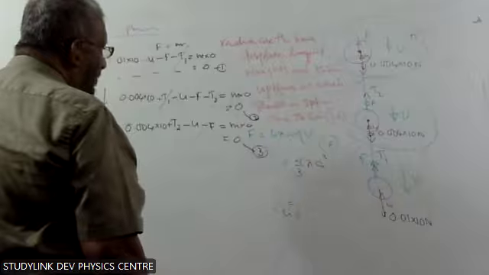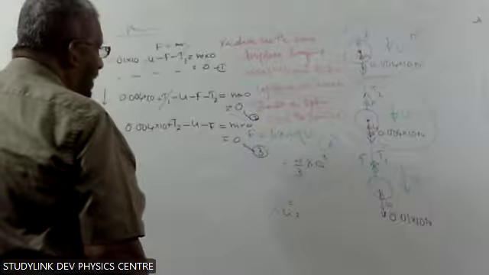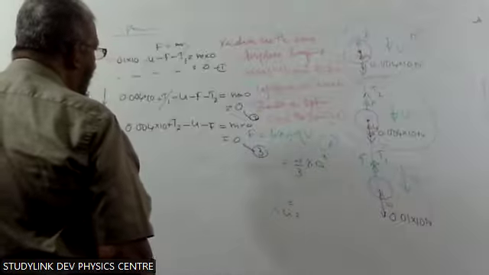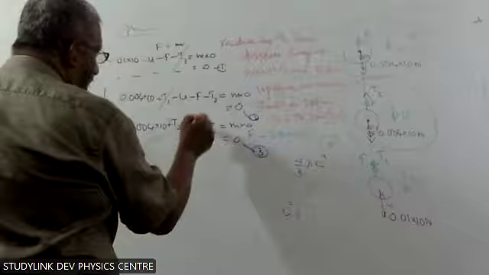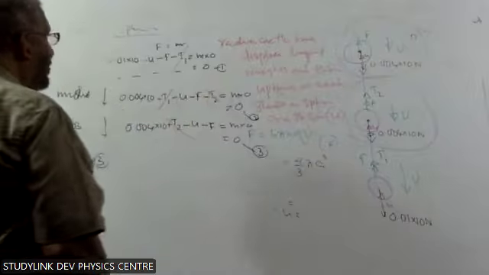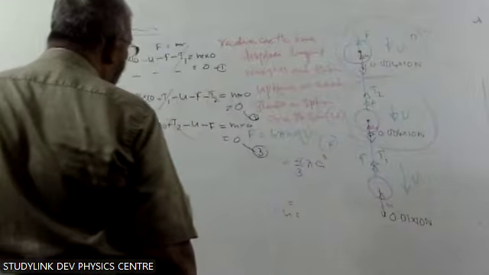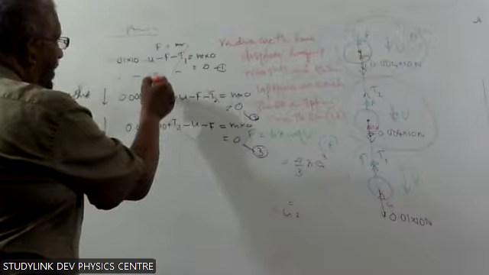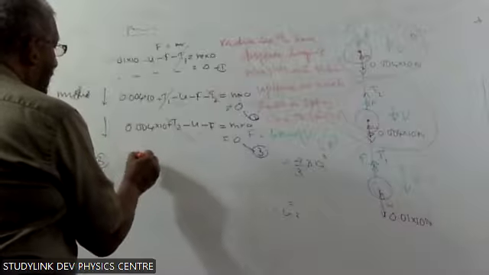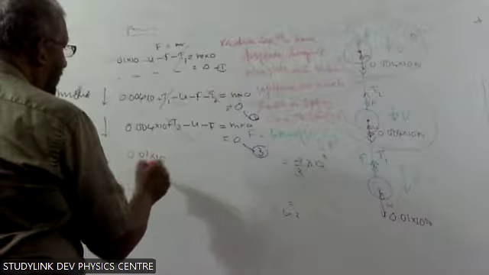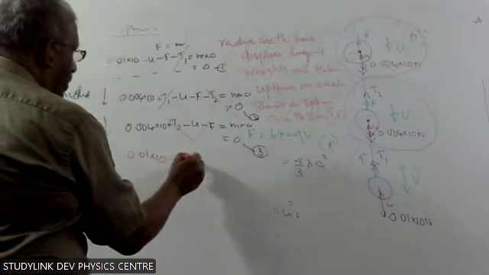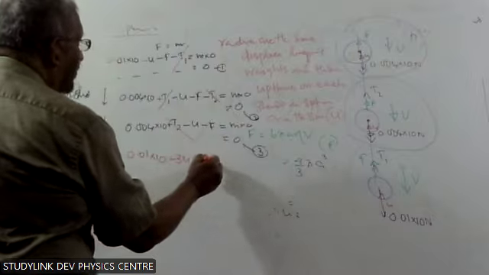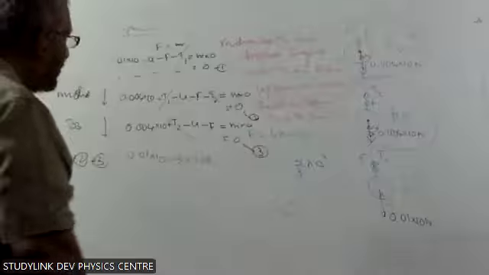T1 minus T1 plus T1 cancel off. Got it? Then minus T2 cancel off. After that you get 0.01 into 10 minus 3U minus 3F, got it?